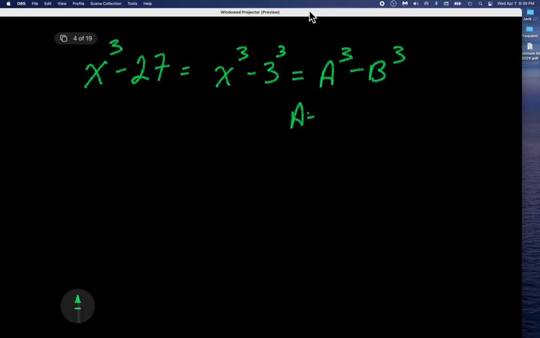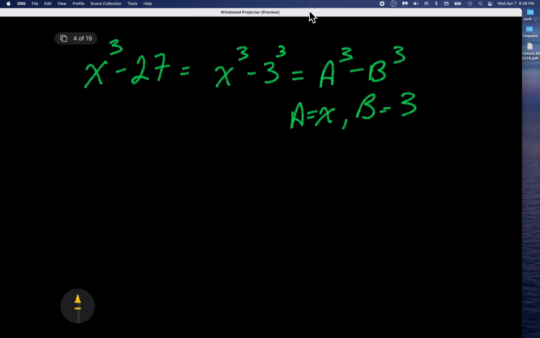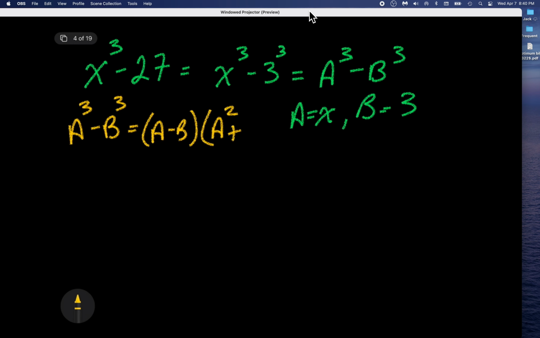So here, a equals x, and b equals 3. There's a formula for this, and it turns out that a cubed minus b cubed is going to equal a minus b times a squared plus ab plus b squared.